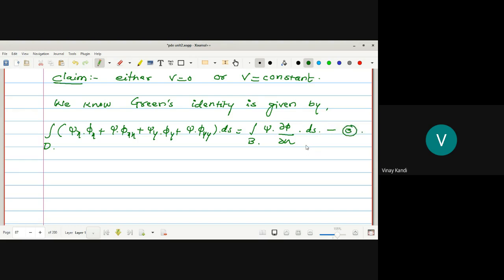Now put in the above equation psi is equal to phi is equal to v in equation number 3. So what do we get then?